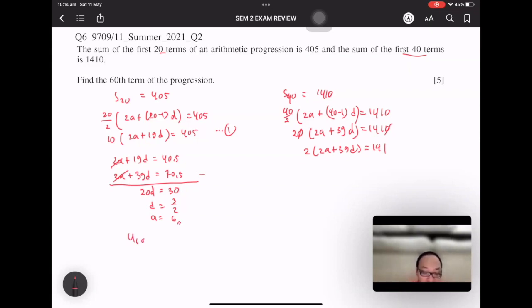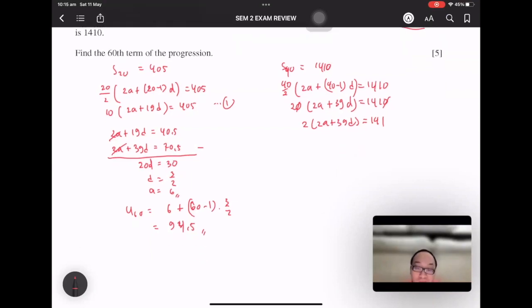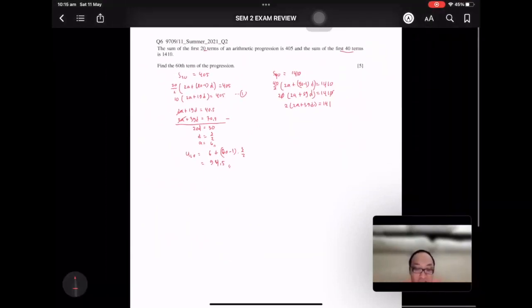The 60th term is a+(n-1)d, so 6 plus (60-1) times 3/2, which is 6 plus 59 times 3/2. That's 94.5. Yeah, this is number 6.